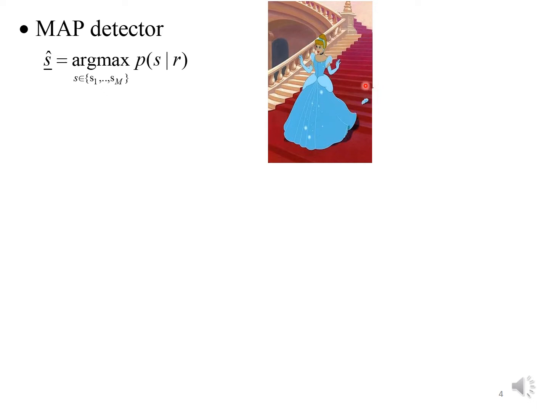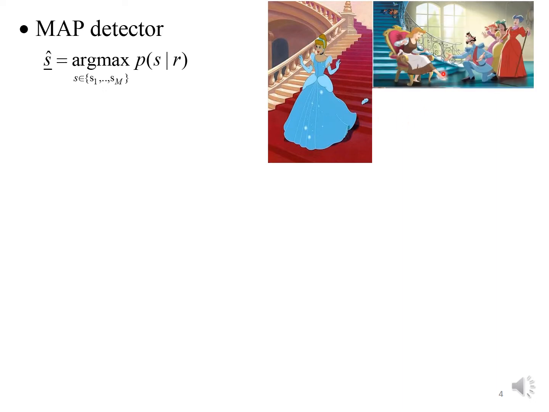The shoe left over is the received signal R. Based on it, we try to find the candidate that has the best fit.